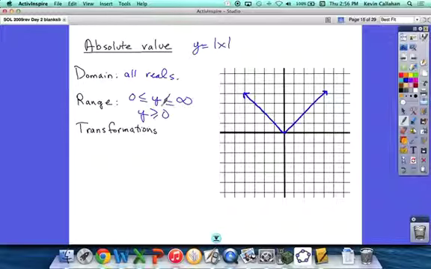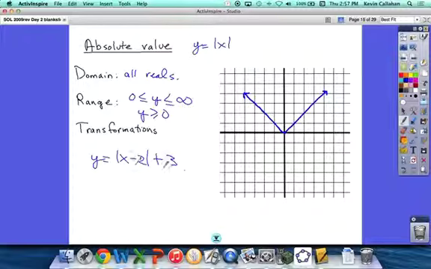Okay, now, how would we shift the graph and how would it change domain and range if I did something like this? Y equals the absolute value of x minus 2 plus 3, right? What are the transformations there? Minus 2 inside of a function always means right. Plus 3 after a function always means up. Did moving the graph to the right 2 change the domain?